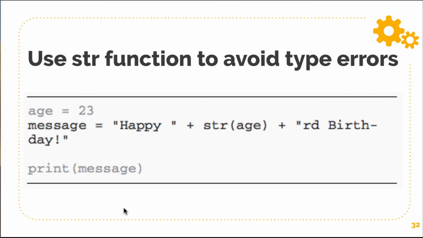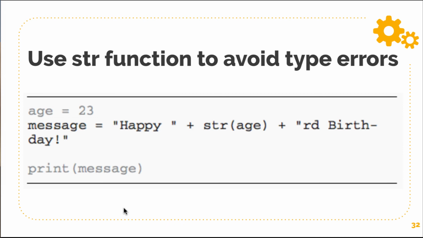So this will come up if you've done some computation and then you want to print out that result. You need to use str and put your variable in parentheses, or you could even put an actual number.